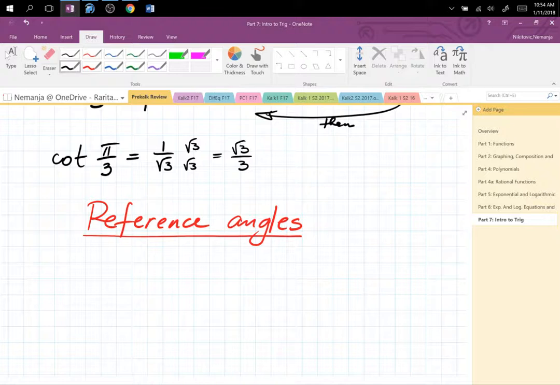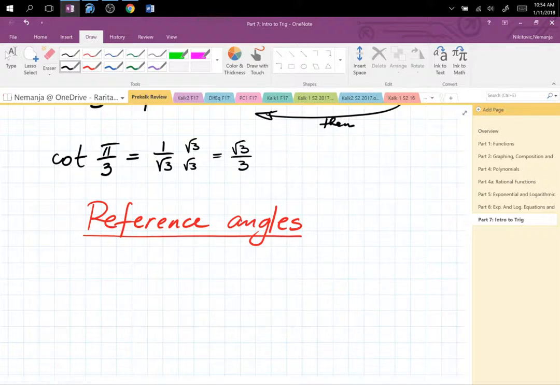Once you strip down a multiple rotation angle to a single 0 to 2 pi measurement, you can reduce the angle further to collapse it to a value from the first quadrant.